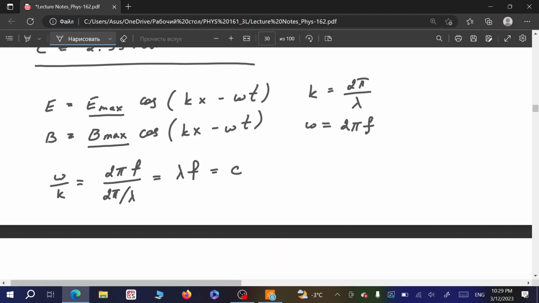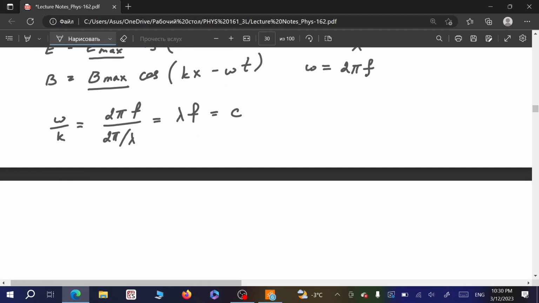But in the scope of our discussion, that is the speed of light in free space.